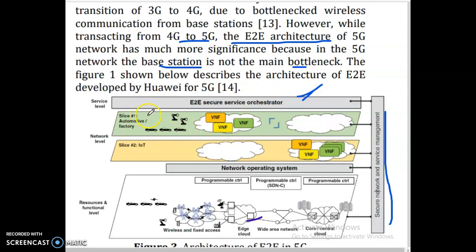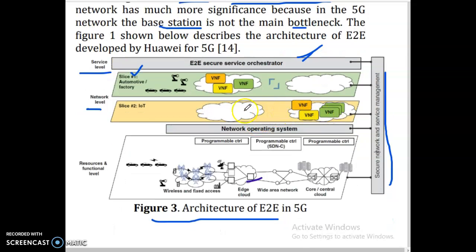Slice 1 automotive factory. Here is the network level, this is the service level. Here, slice 1 automotive factory. These are all VNF. Then slice 2 IoT, VNF.